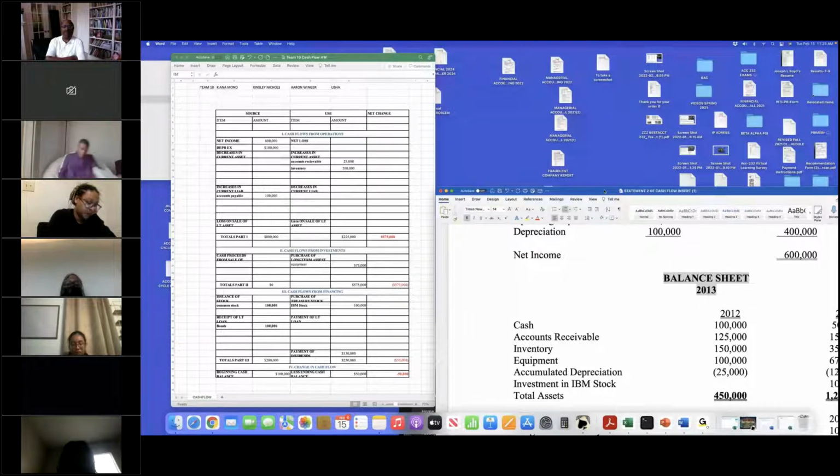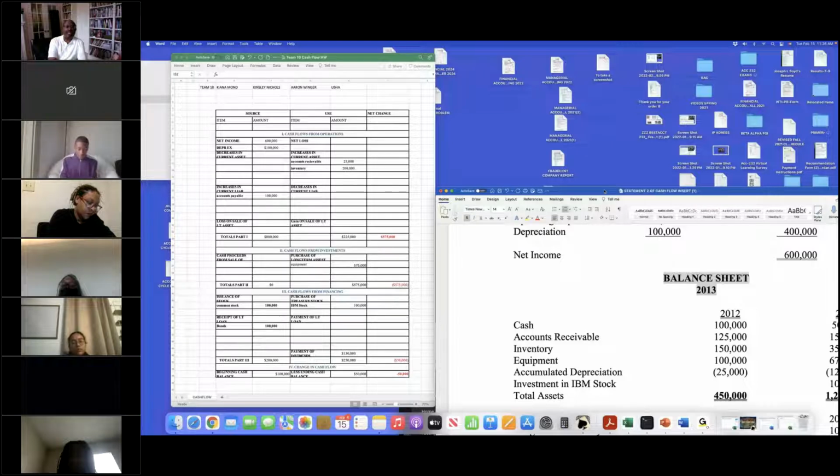Is that the accounts receivable? I asked you for the second thing you would do. Then you would look for the change for accounts receivable.